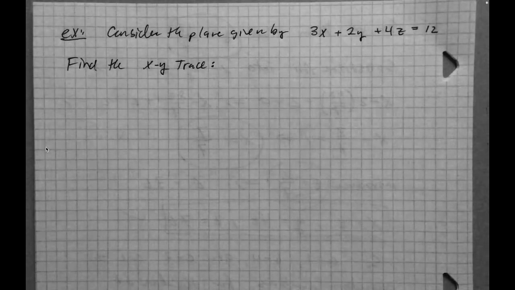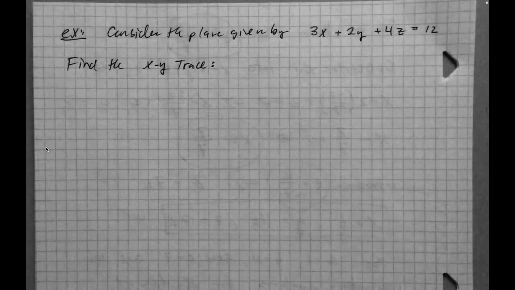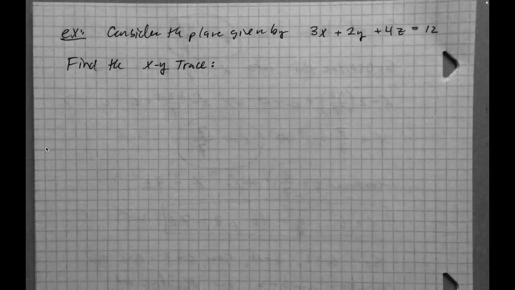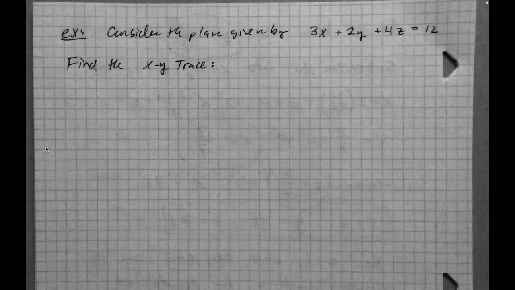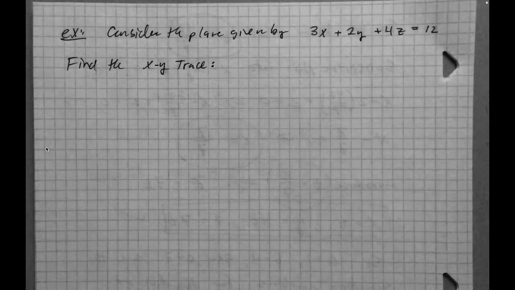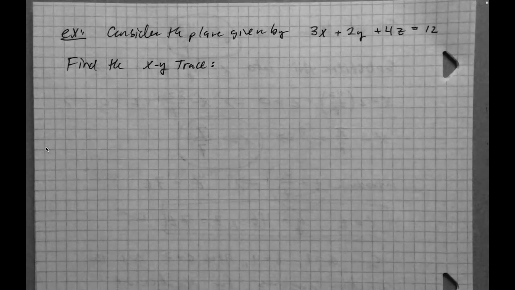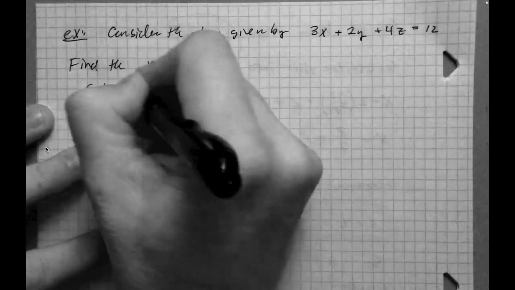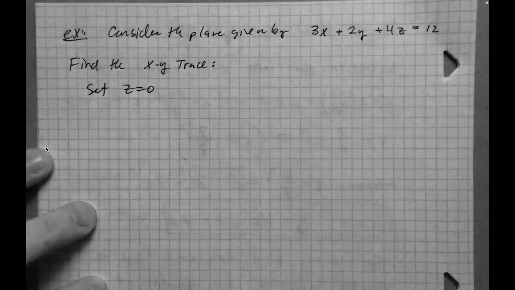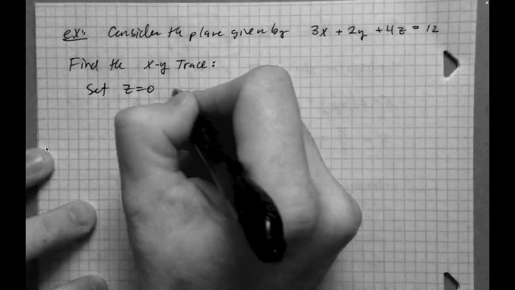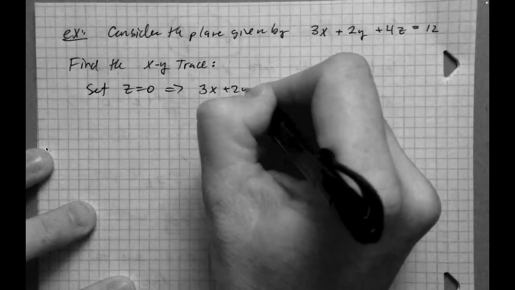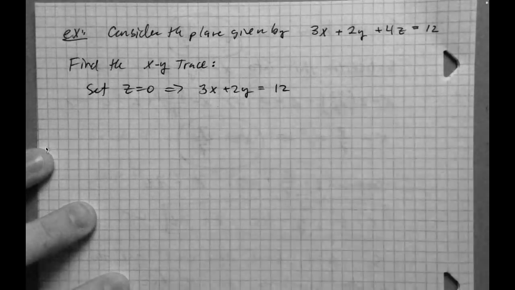Basically you're taking the plane and dropping it down on the z-axis, and what's left over is the line that intersects the xy plane. Okay, so set z equal to 0. And what do you get? You get 3x plus 2y equals 12.